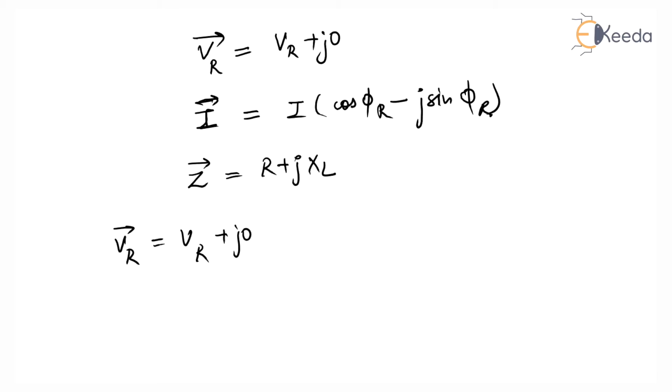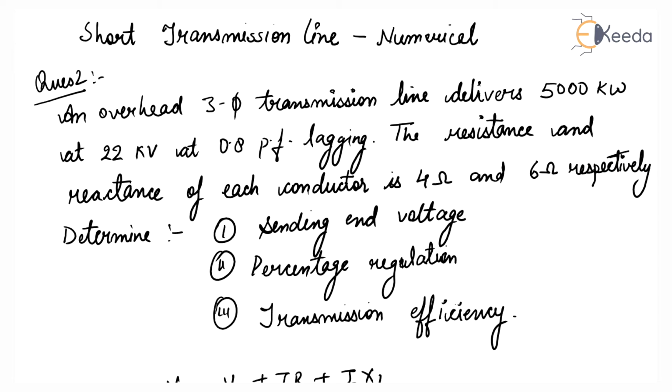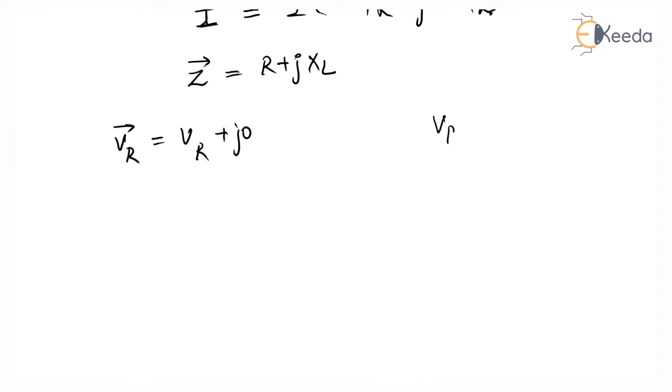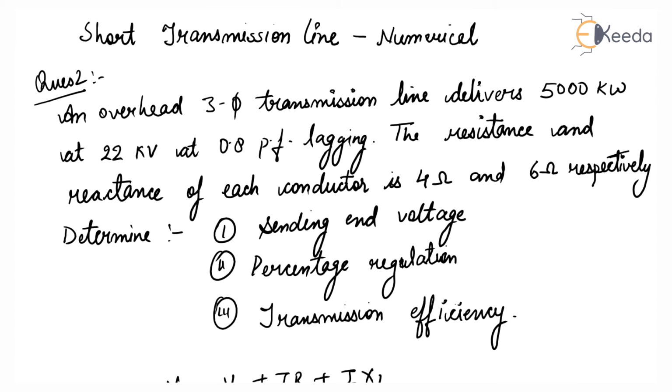See, it is an overhead three-phase transmission line. So we know that phase voltage is equal to line voltage by root 3. Line voltage is given, equal to 22 kV, because the delivered voltage is 22 kV.